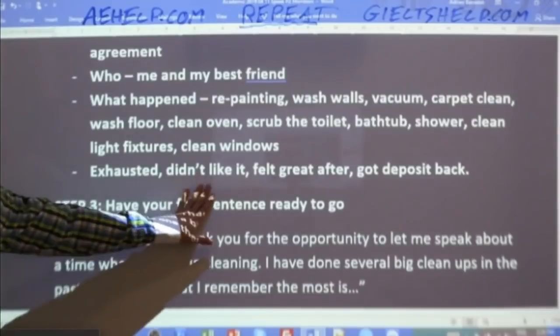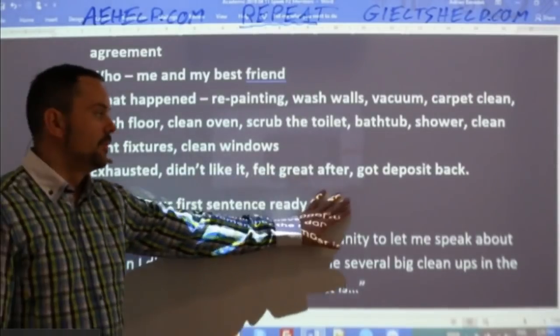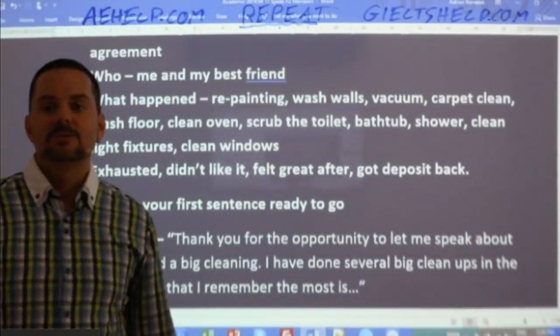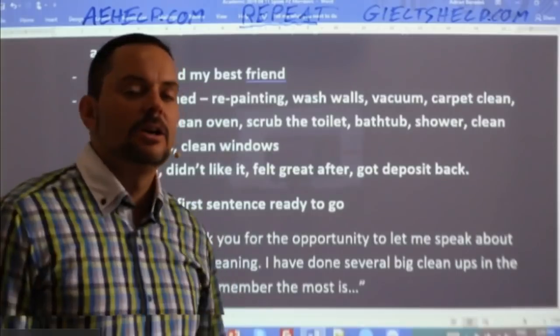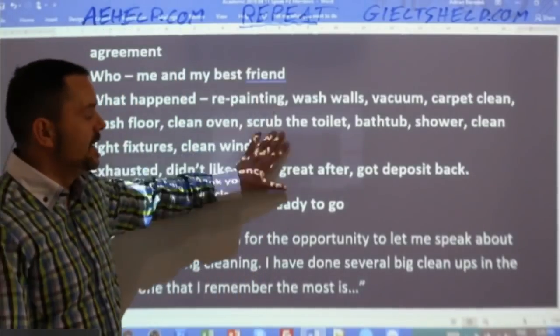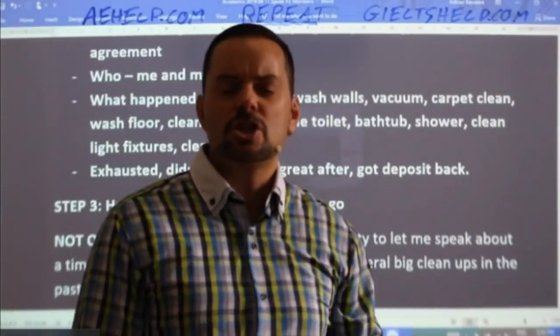I didn't really enjoy those 2 days, but being done, I felt great, especially when we got back that 500 pounds deposit, and we were able to use that for our next rental. So what should I do when I get to the end of my notes and I've included all of this information? What should I do after that?